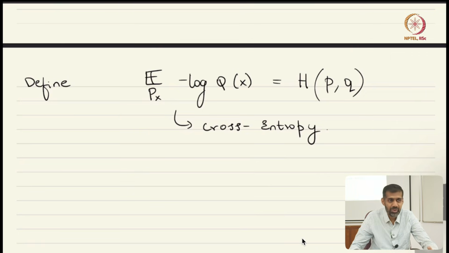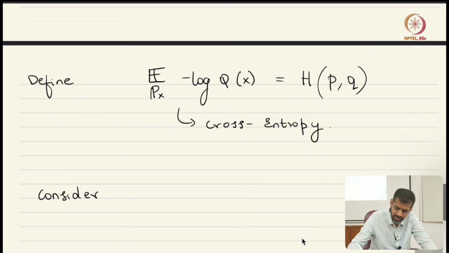Now, going back to our original objective, our objective was to define distance between distributions. Now consider, again this notational misnomer will be there. So these are mass functions for discrete random variables.